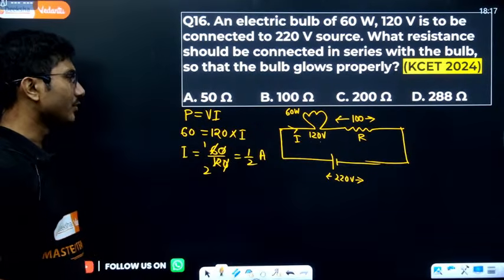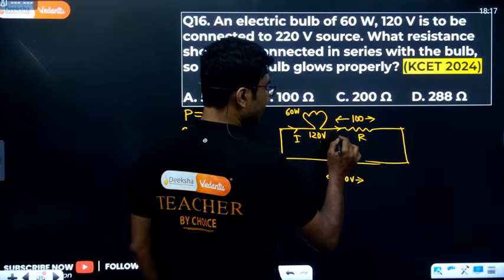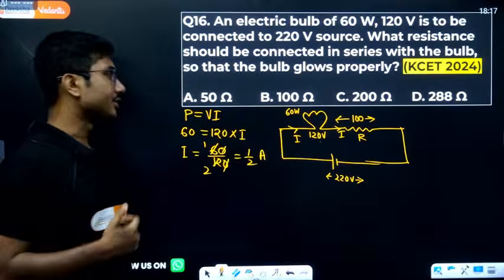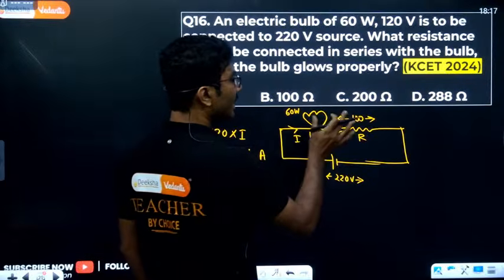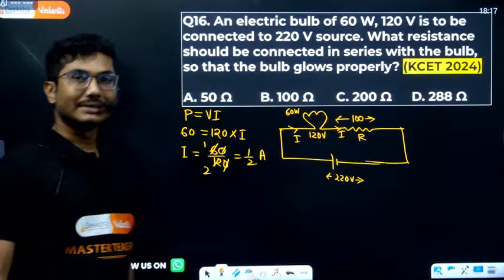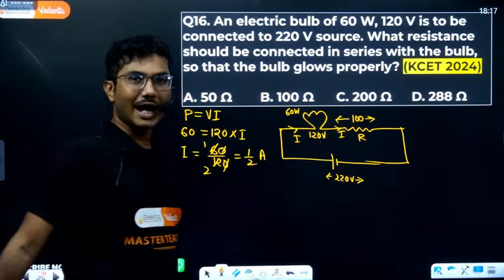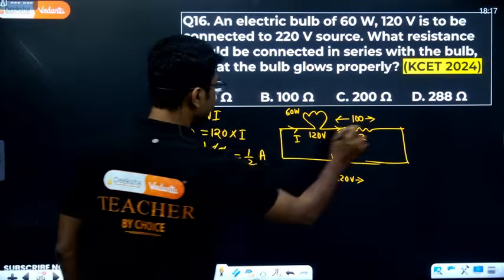Now the current we have calculated. Now we know that the bulb and resistance are both connected in series. In series combination, current remains the same. So whatever current is passing through the bulb, the same current should pass through the resistor as well. That means the resistor should also have the same current I. What is the voltage drop across the resistor?